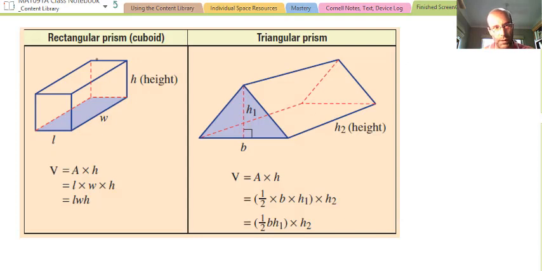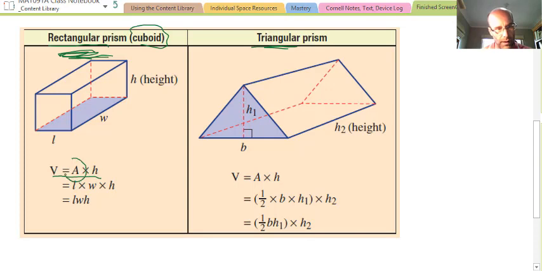The most common 2 shapes we will be dealing with are the rectangular prism and the triangular prism. Sometimes they're called cuboids, the rectangular prisms. But you can see that with the rectangular prism, probably the most common shape of all we deal with, the volume is still equal to the cross-sectional area times the height.